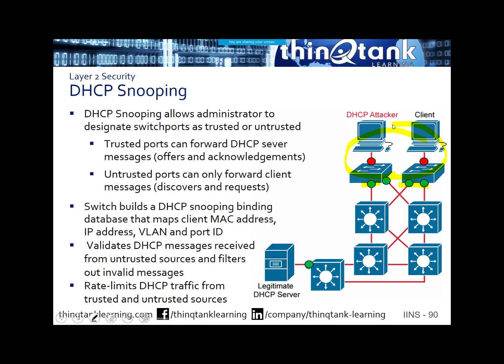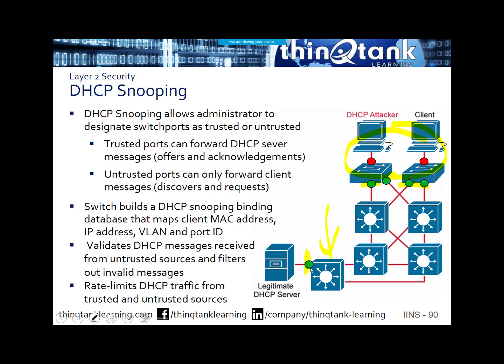Untrusted is automatically configured on all the interfaces, so I don't have to make a port untrusted, but I would make all my uplink ports trusted. If I did decide to run DHCP snooping here, I'd of course want to make that port trusted as well, so that the port can send and receive offers and acknowledgments.